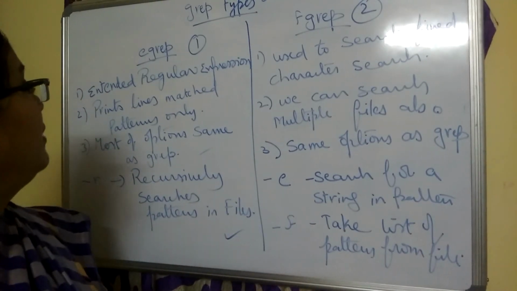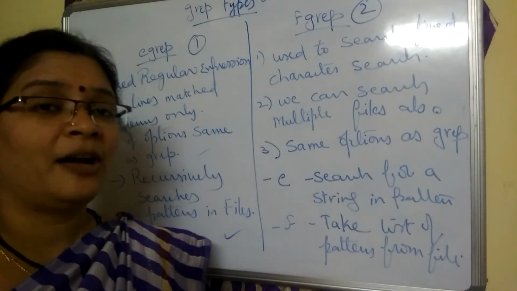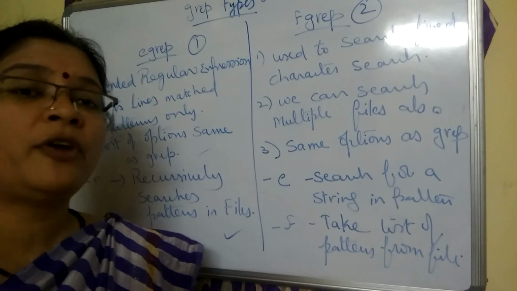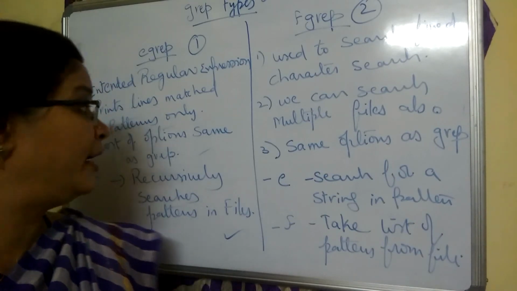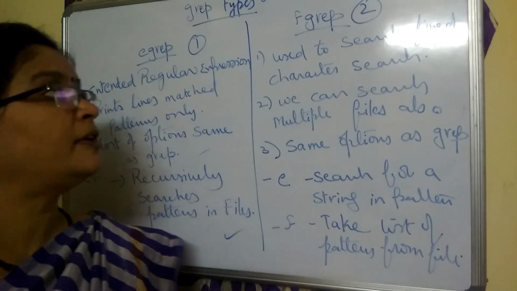So egrep prints the matched lines only, and most of the options are the same as your grep command except -r, which is used for recursive searching.